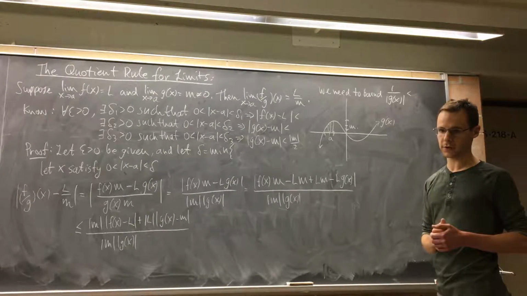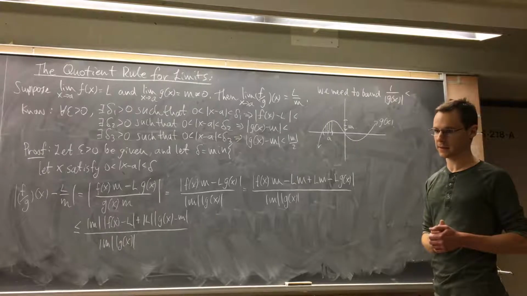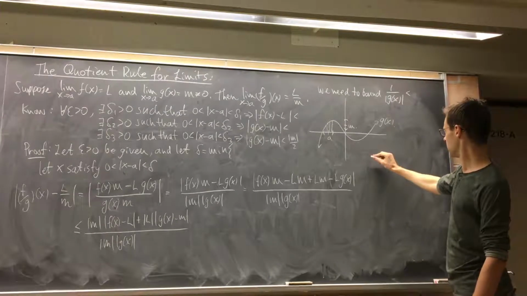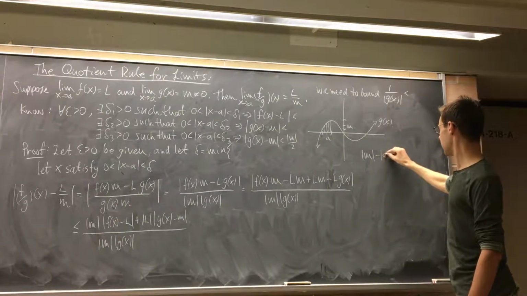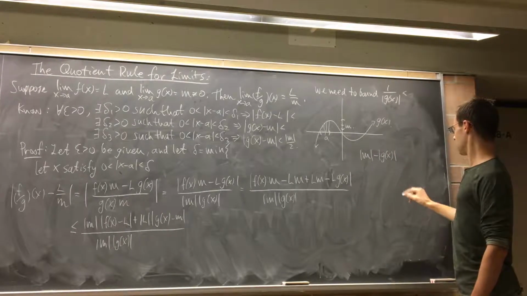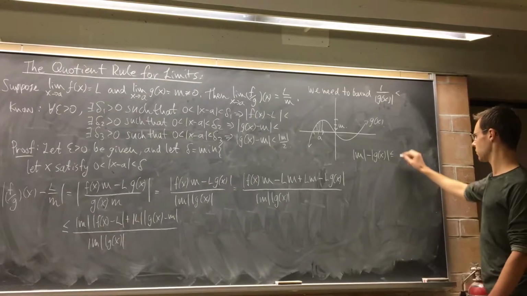We're going to use the reverse triangle inequality like last time. Just like last time, we're going to begin with abs m minus abs g of x, and we're going to apply the reverse triangle inequality.